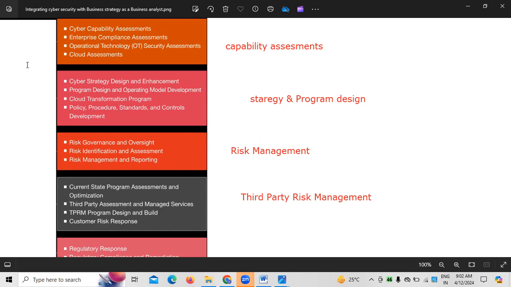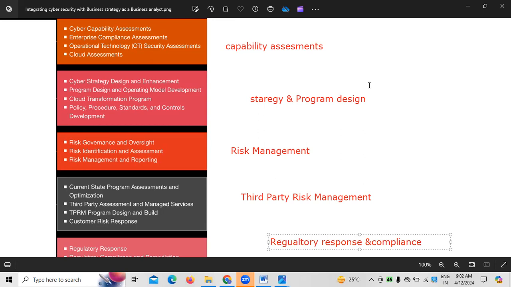This is also required. So these are the elements we have to focus on when we are working in the business analyst role.